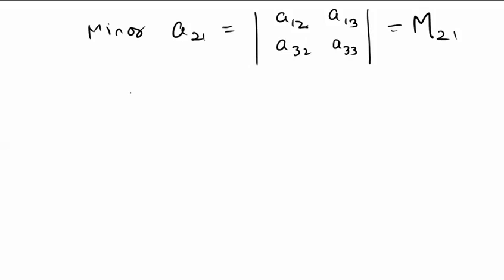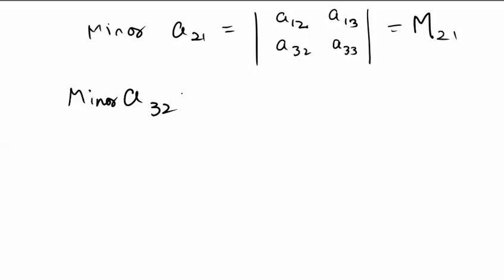Let us find the minor of element a32. What column should I remove? The second column, yes.